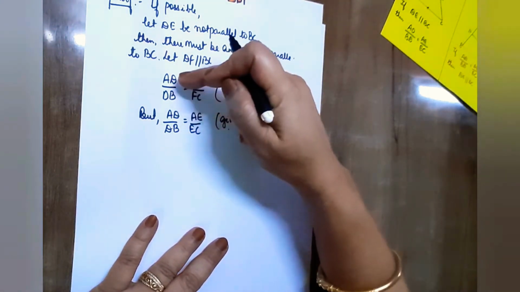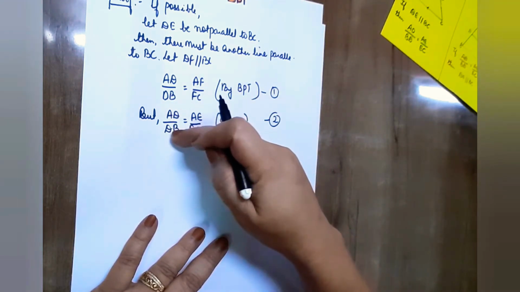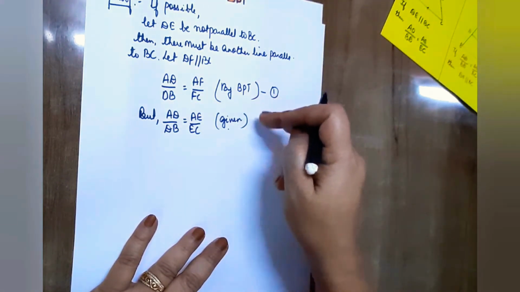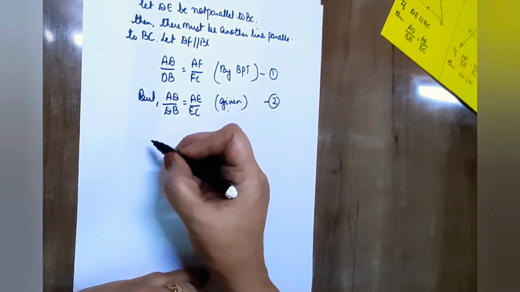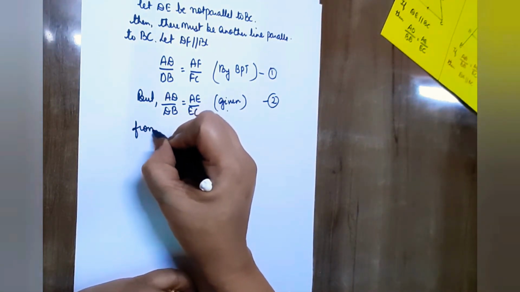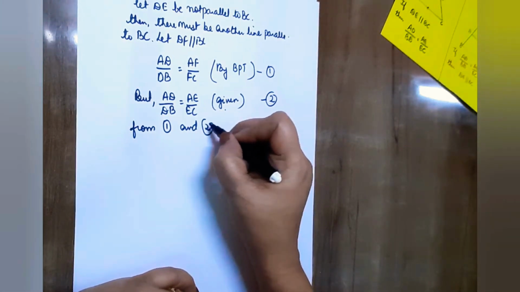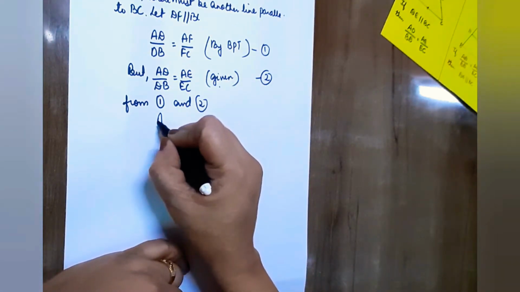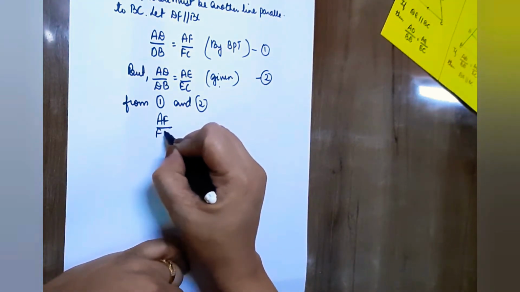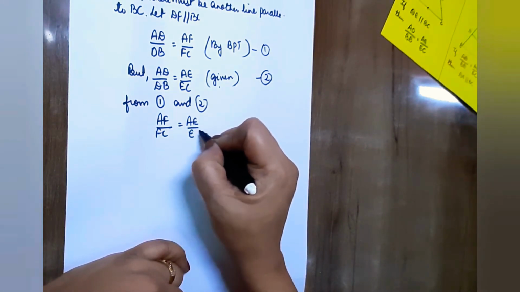You can see here AD by DB is equal to AF by FC, and AD by DB is equal to AE by EC. So the LHS of equations 1 and 2 is equal. What happens when these two are equal? The RHS should be equal, so from 1 and 2, AF by FC is equal to AE by EC.